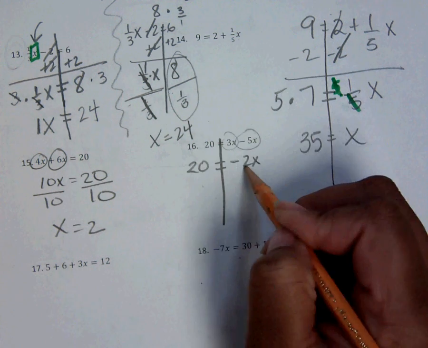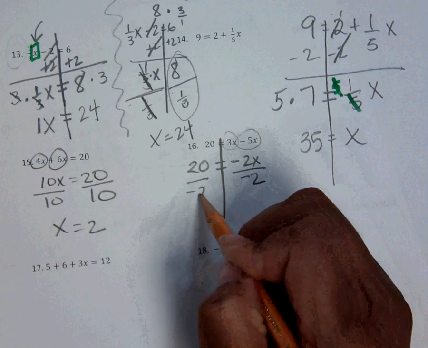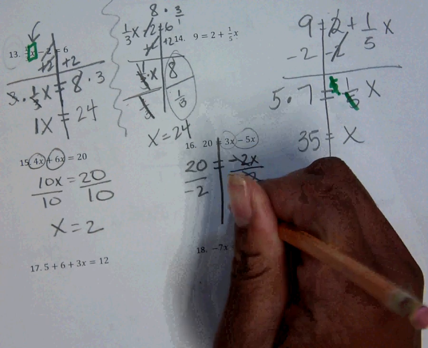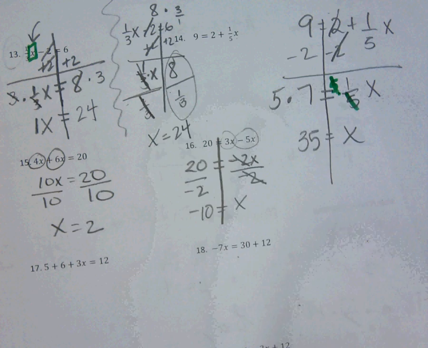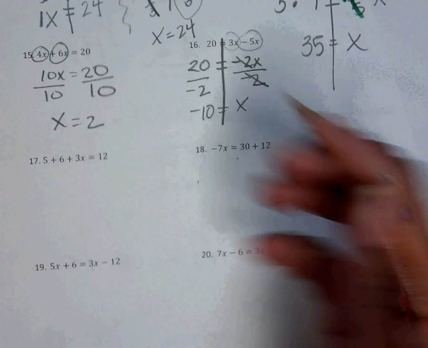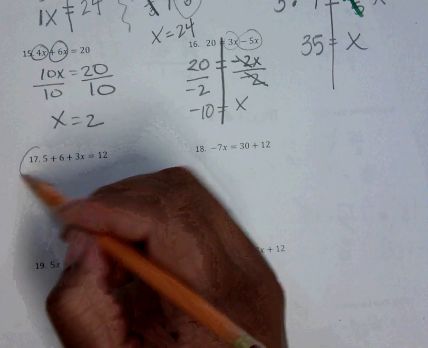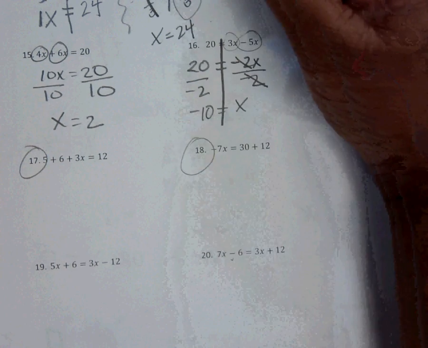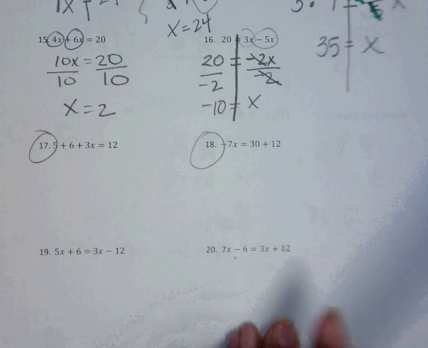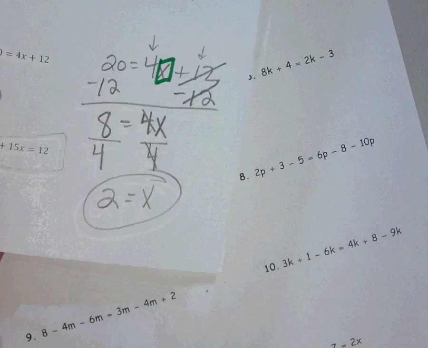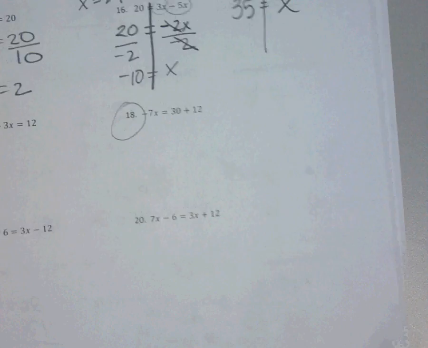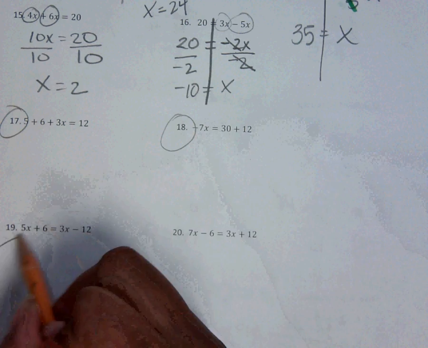Now I get rid of the negative 2. X is negative 10. So now you have time to practice 17 and 18. You can also practice number 12 on the other side and see how you do. And then last but not least, I want to do at least number 19.